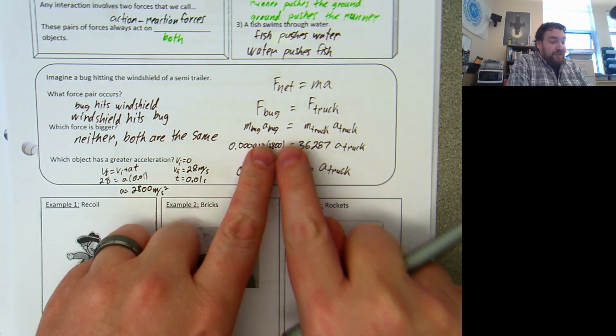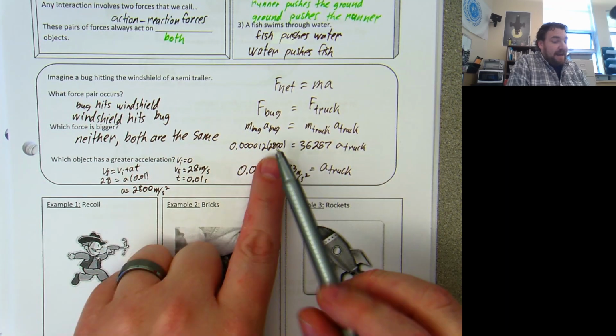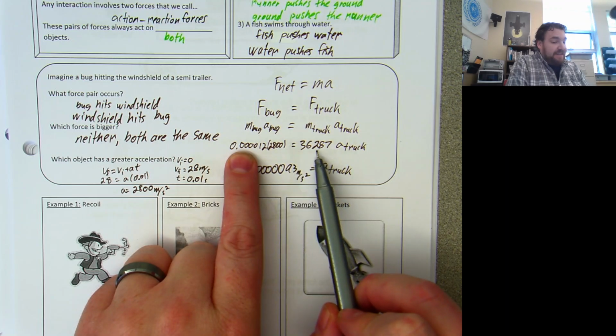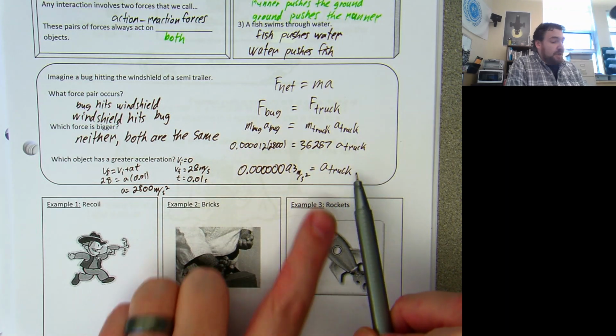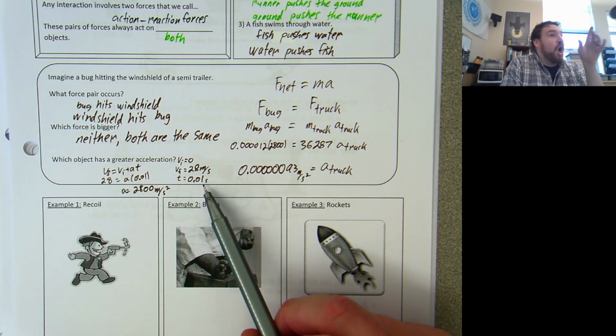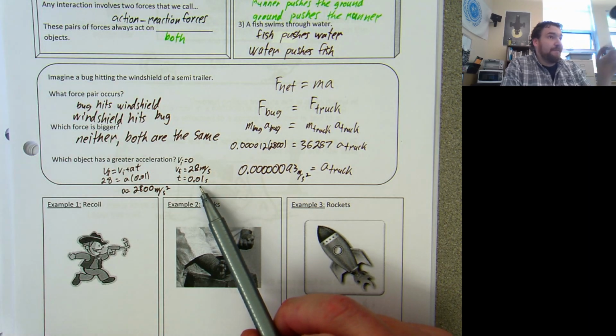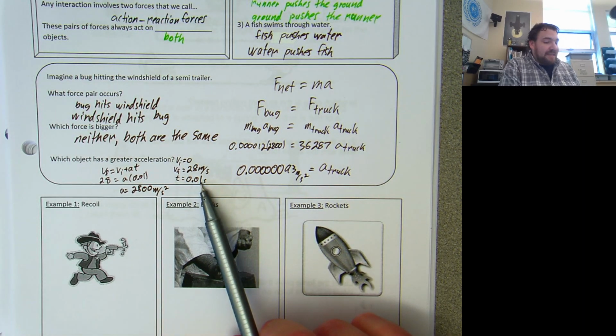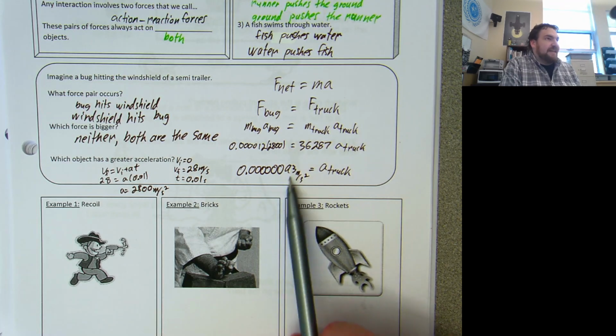I just solved this equation. I did kinematics to get the acceleration on the bug. So this times this divided by this gives me the acceleration on the truck. The only assumption we made, the only guess we made, was how long it takes the bug to come up to speed. If this is quicker, this number would get slightly bigger.